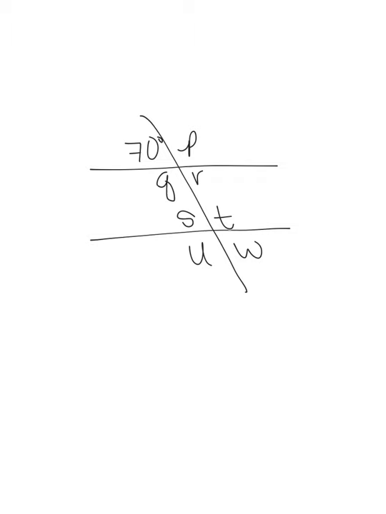So if you start, let's say, with angle S, because angle S corresponds with the 70 degrees, then angle S has to be 70 degrees. Okay, we also know about straight angles. So that means this first angle here plus P has to be 180. So if you do 180 minus 70, you should get 110 degrees.